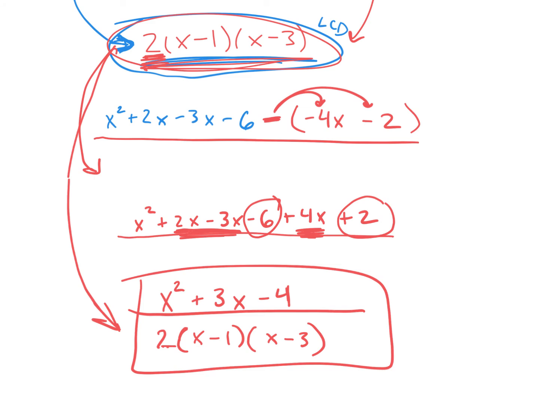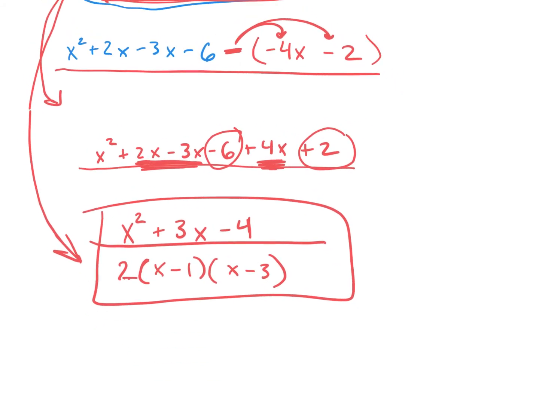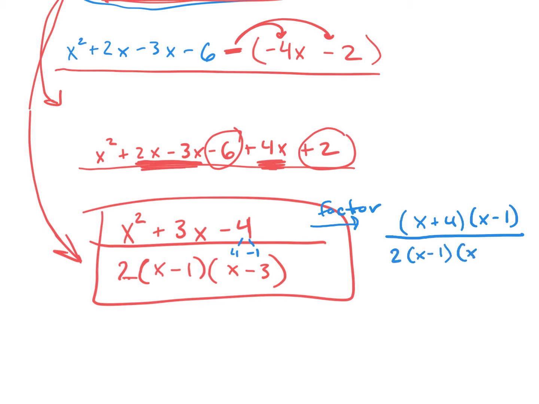All right, let's factor the top. So this would be 4 and negative 1. Yep, that works. So we have x plus 4 and x minus 1 over 2 times x minus 1 times x minus 3.